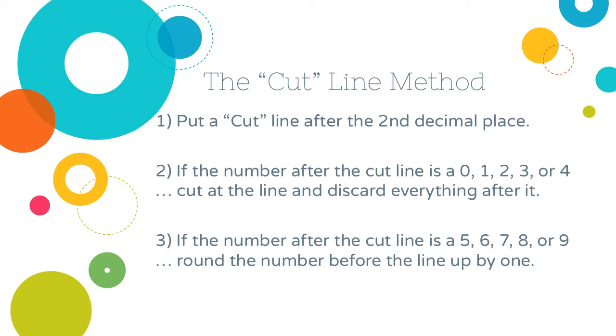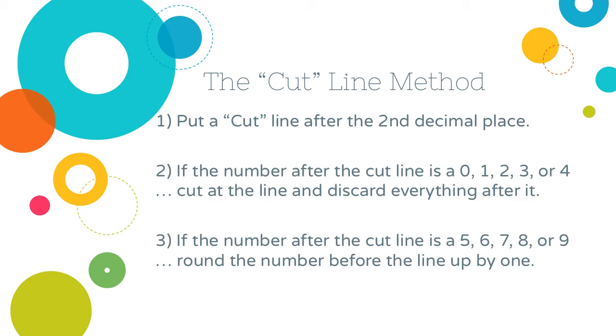All right, I like to use something called the cut line method, and there's just a couple of steps. So the first step is to put a cut line after the second decimal place. So you're going to search for the decimal point. You're going to count 1, 2 numbers after it and put something called a cut line.